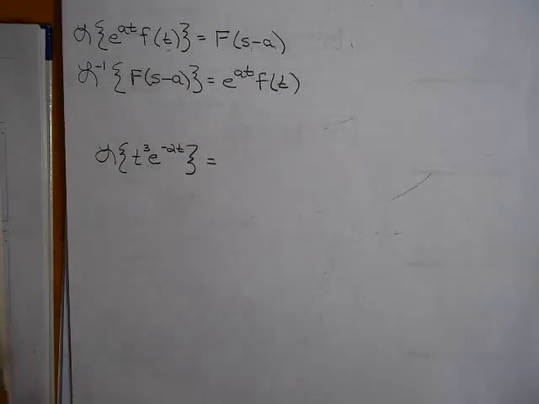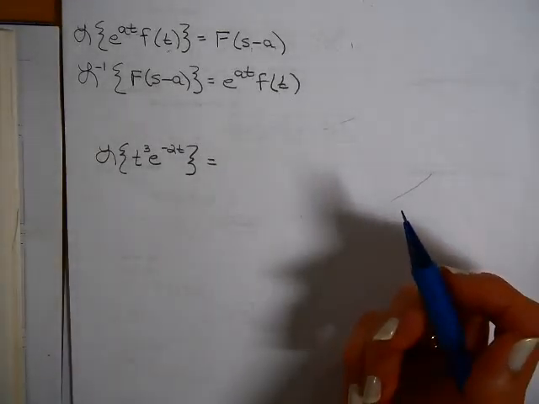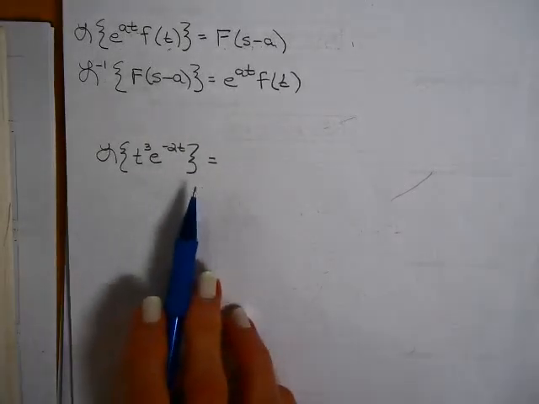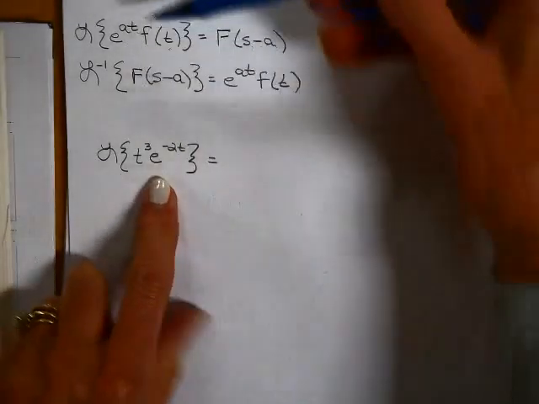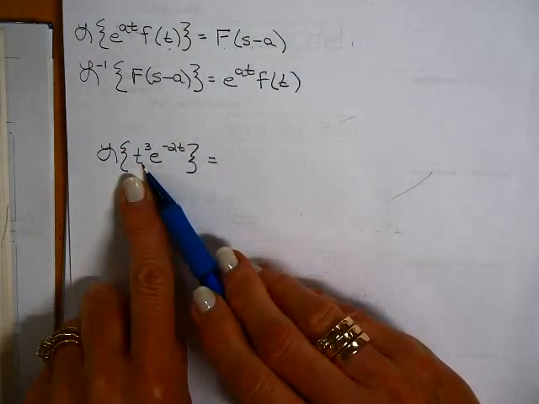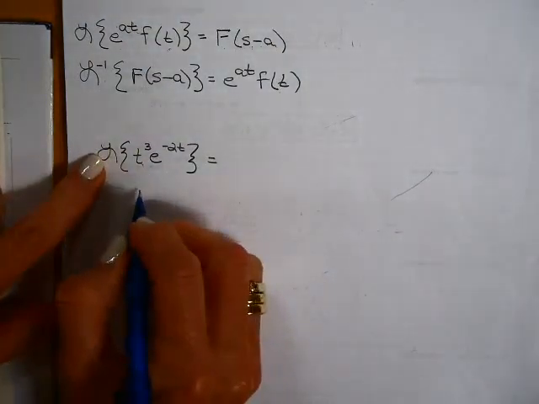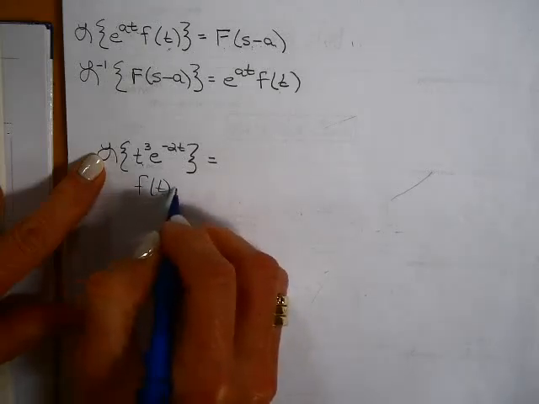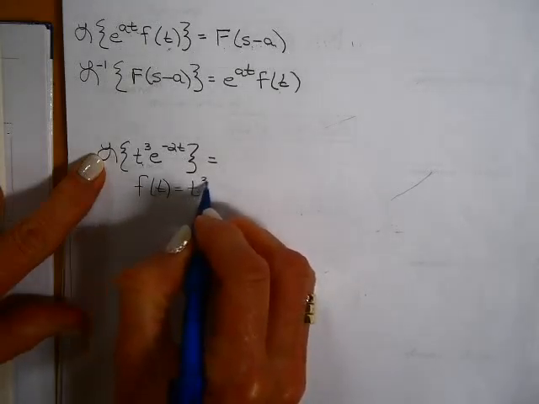I'm going to need my Laplace transform tables to do part of this. All right, this is in the form e to the at times a function of t. So the function of t is t to the third.